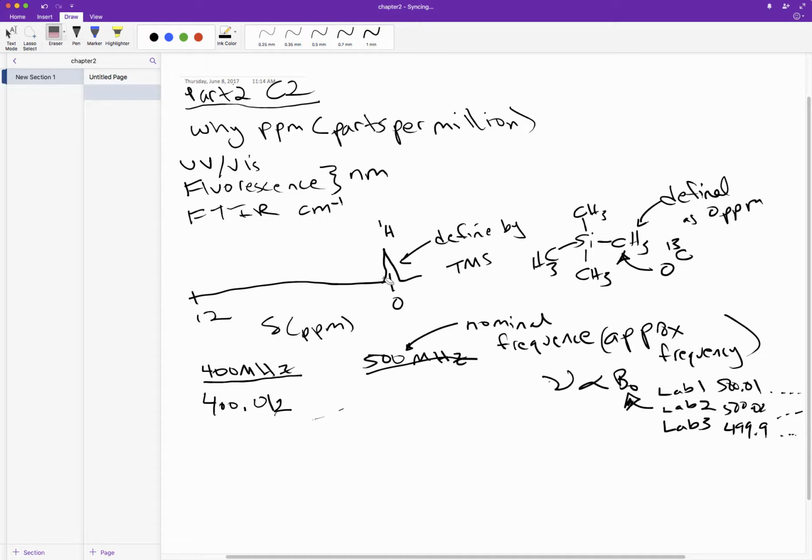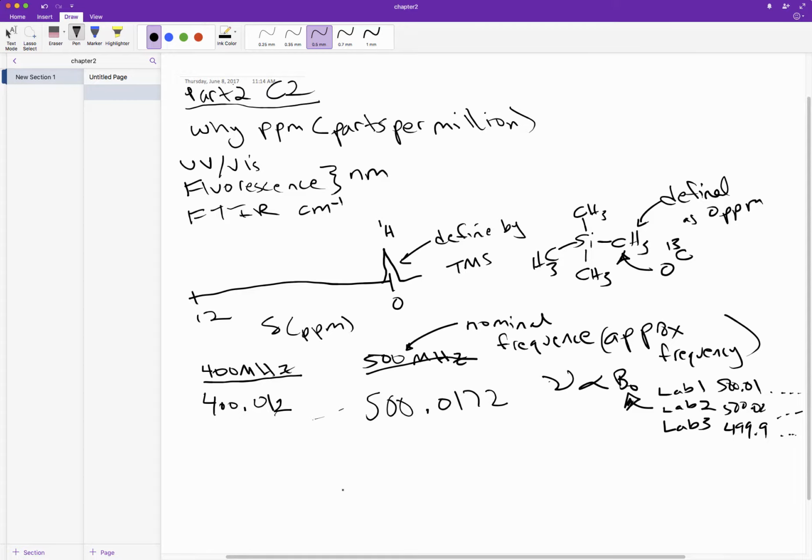And this lab may have something like 500.0172 as the actual true frequency that protons resonate at.